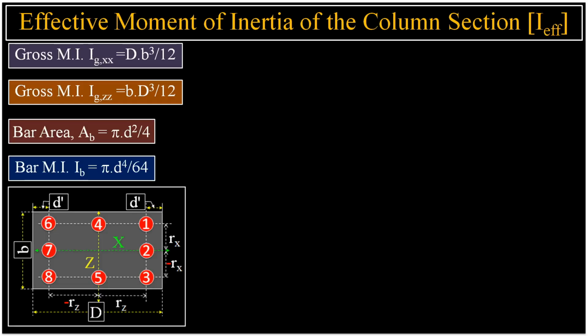The bars are arranged in 3 vertical columns. In column 1, we have 3 bars, 1, 2, 3. In column 2, we have 2 bars, 4, 5. In column 3, we have 3 bars, 6, 7, 8.